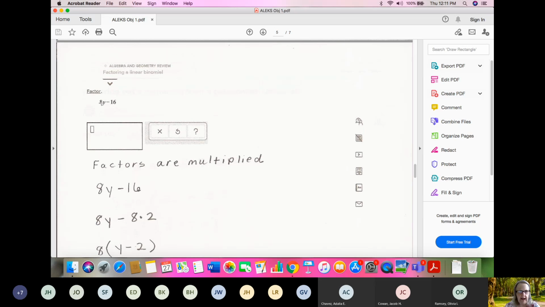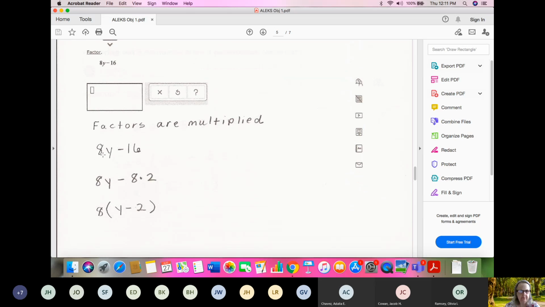So factor 8y minus 16. Factors are multiplied. Just keep that in mind. Factors are multiplied together. So here's our problem. What I first look at is this 8 here, and I say, this 16 looks like it's divisible by 8.